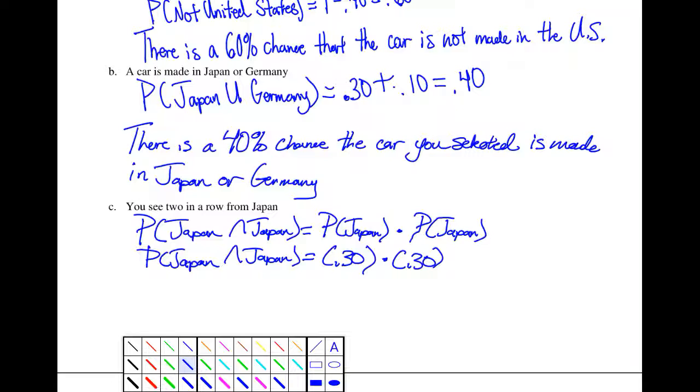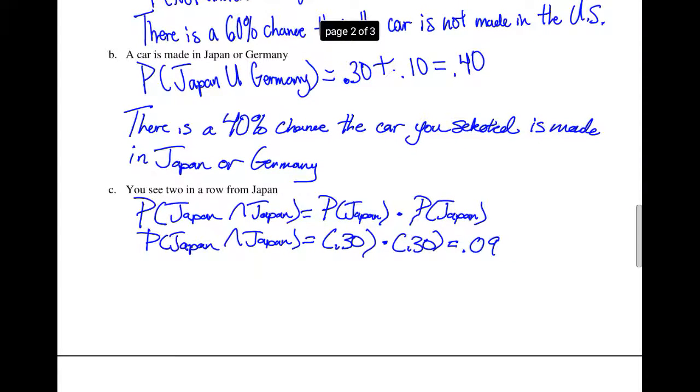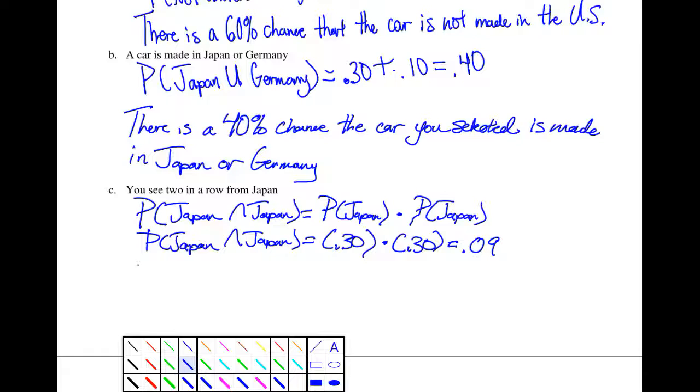So if you do the math, you get 0.09 or 9%. So to write that out, you want to say there is a 9% chance you see 2 cars in a row from Japan.